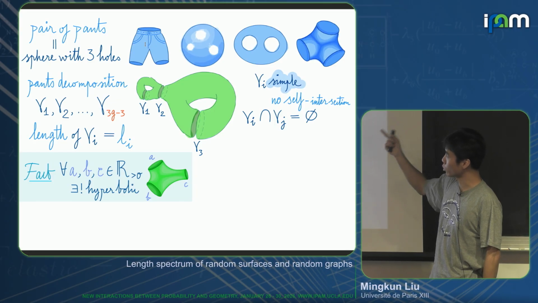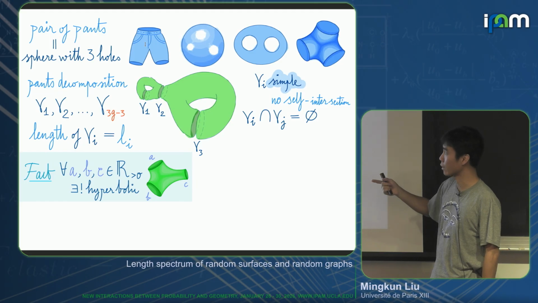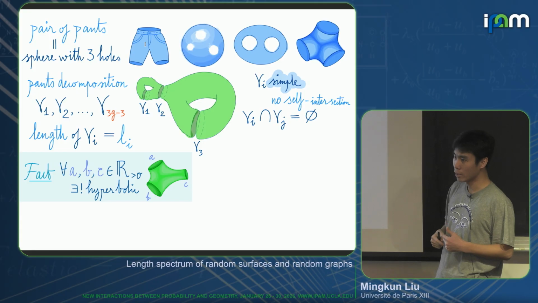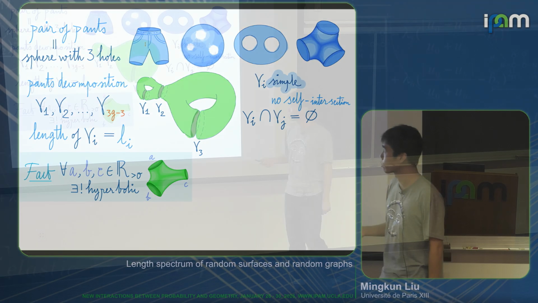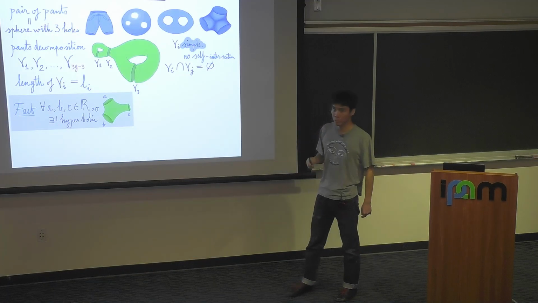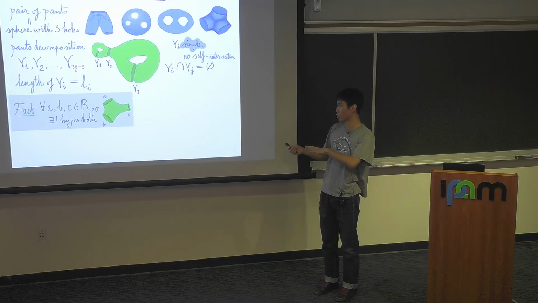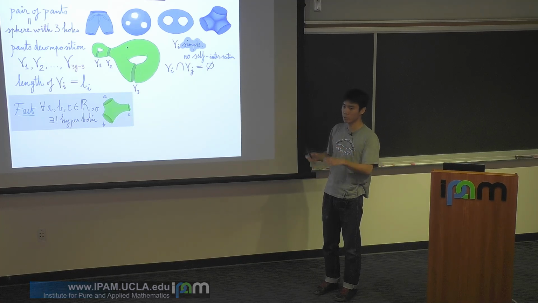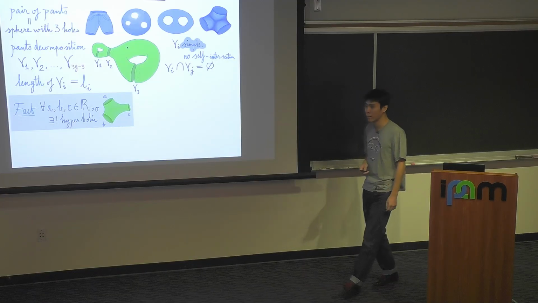For example, if you start with a hyperbolic surface with a pants decomposition on it, then you can get 3G minus 3 numbers, but you can almost reverse engineer this process. Meaning that if you only have 3G minus 3 numbers with a pants decomposition, which tells you which pair of pants is glued to which, and since each block is rigid, you have only one possible piece, then you just follow the instructions given by the pants decomposition, and you can reconstruct your hyperbolic surface.